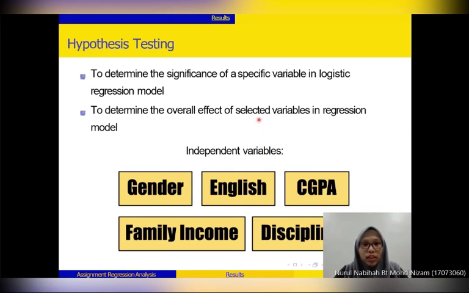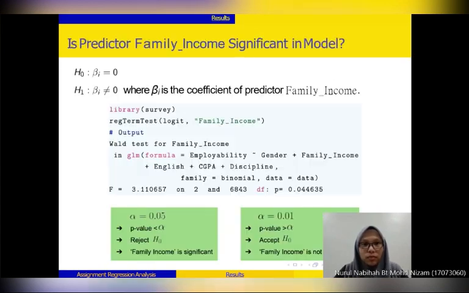So let's take a look at whether family income is a significant variable in our logistic regression model or not. We let H null be beta i equals 0 and H alternative be beta i is not equal to 0, where beta i is the coefficient of the predictor family income.